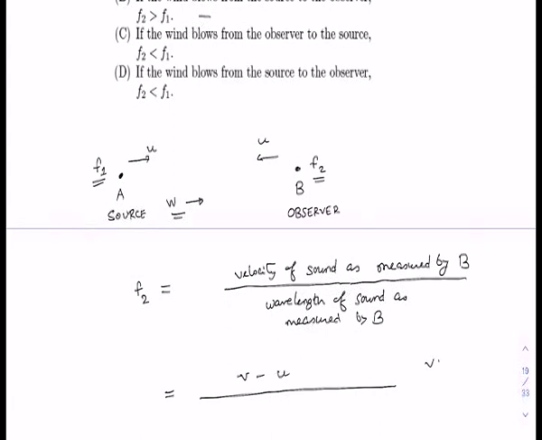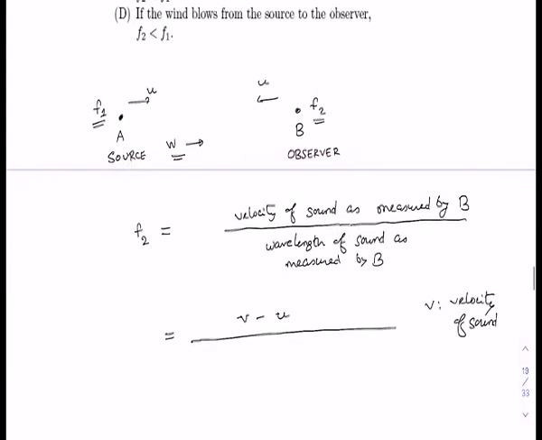V is the velocity of sound here. Small v is the velocity of sound. U is the speed or velocity of the observer. So therefore, because they are approaching each other, so this would be simply v minus u. Actually it is approaching, so it would be v plus u, right? Okay, if it is still.